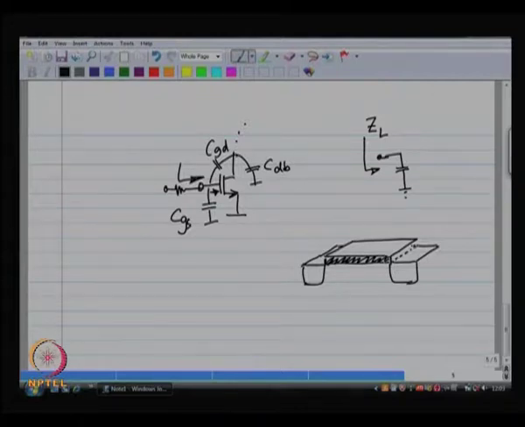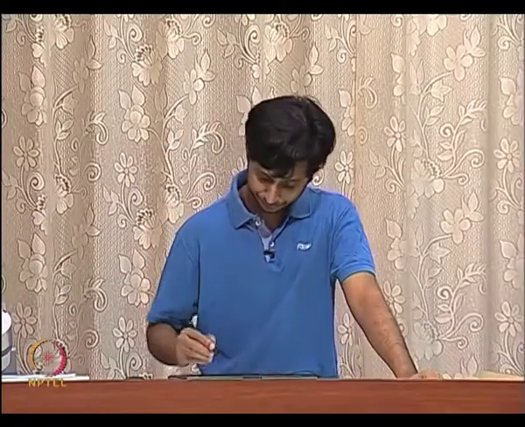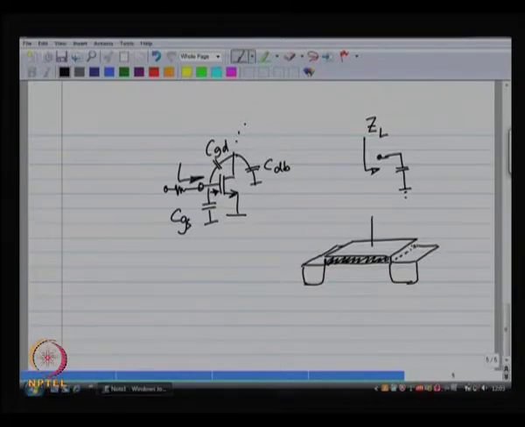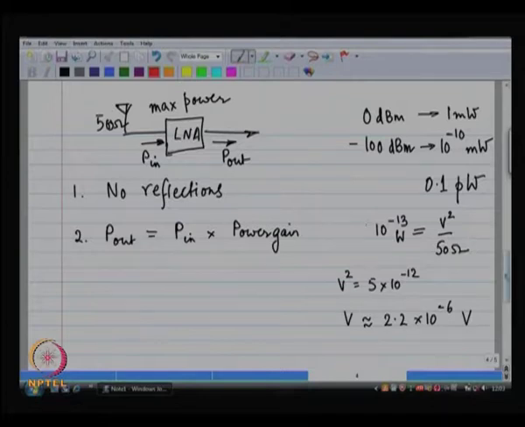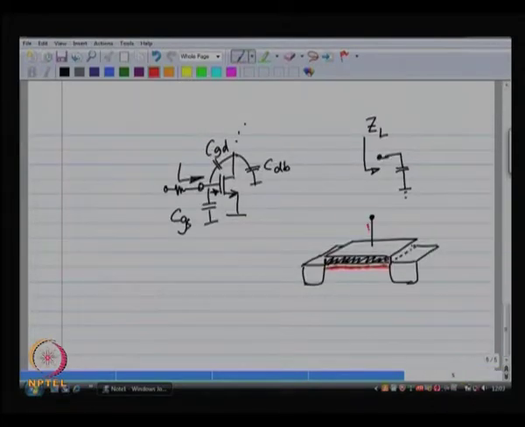Gate is the top plate, the channel is the bottom plate. Now, if you want to charge the gate to a certain amount of charge, this charge has to travel through this wire and it has to spread all over the gate.